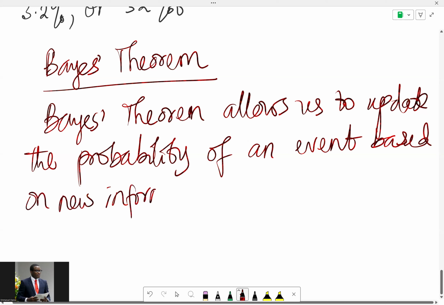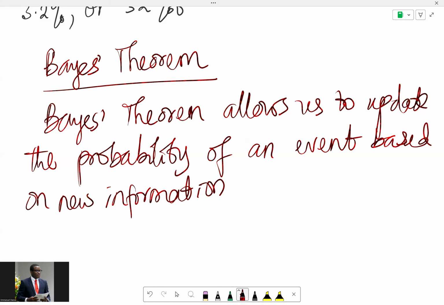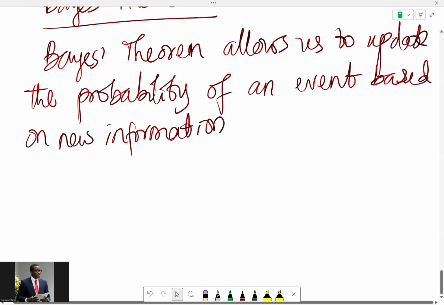And that is why the theorem has been employed in areas like data fitting, parameter estimation, and all that, because it allows us to update the probability of an event based on new information. So you got to talk about prior and things like that.